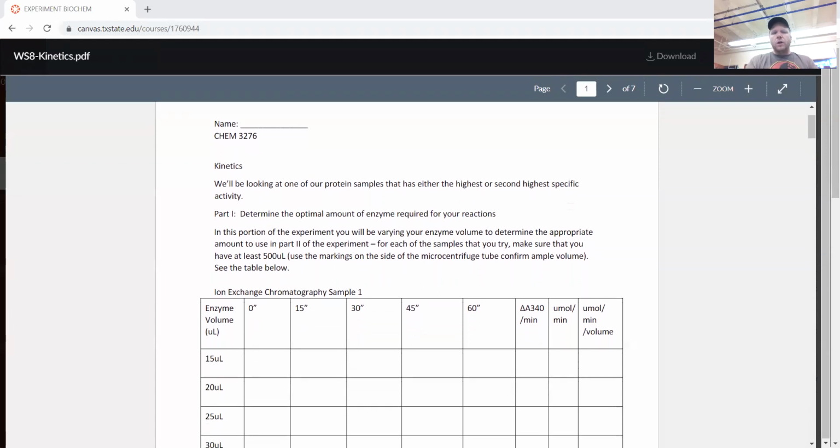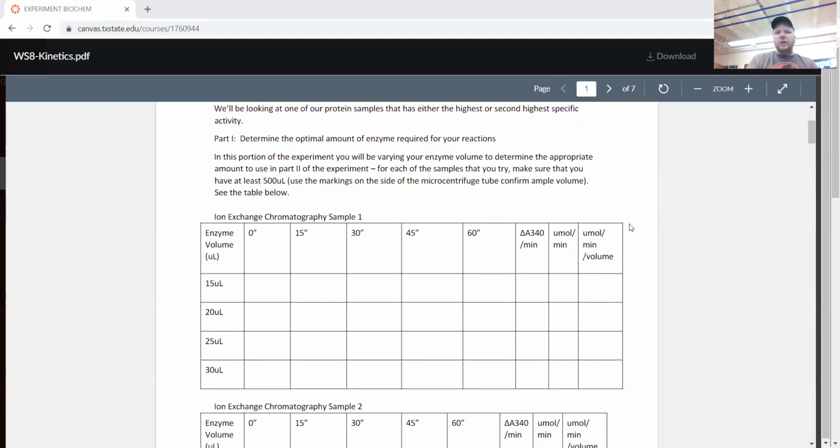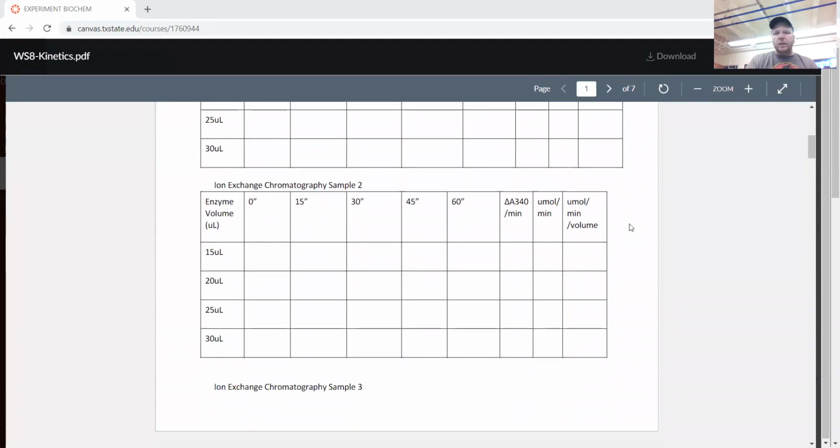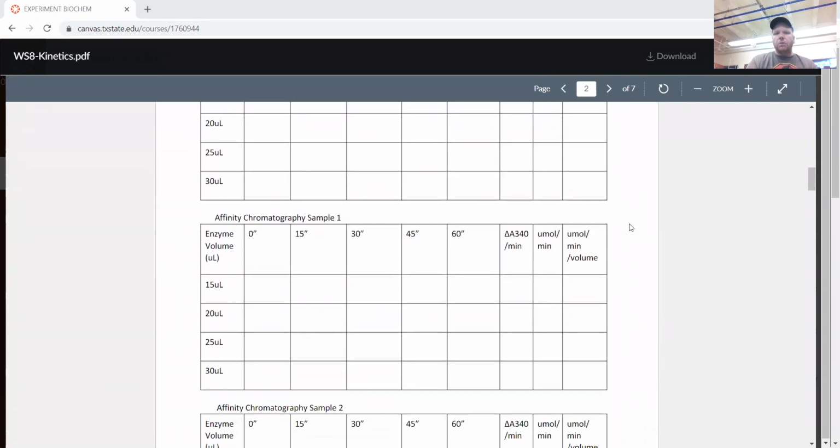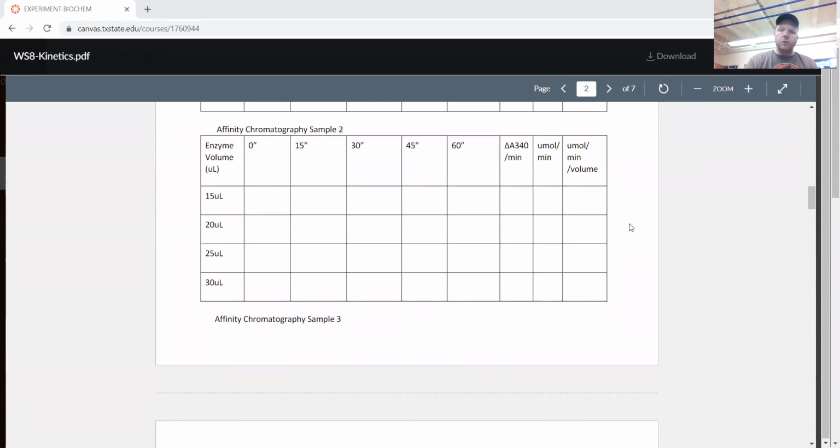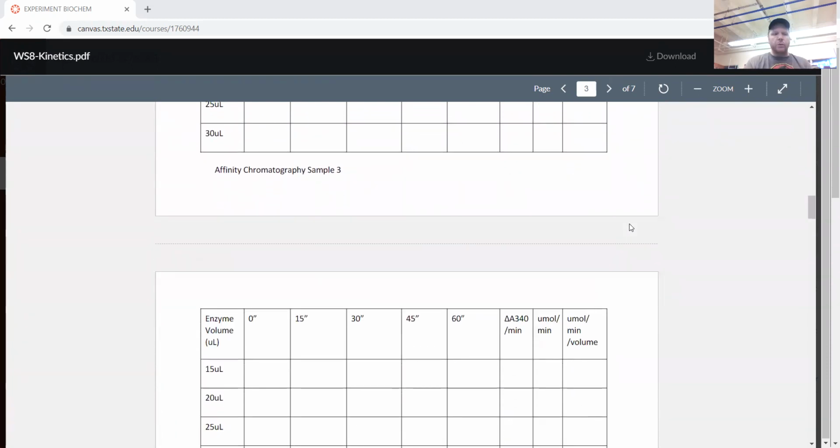If you look at your procedure in part 1, you'll see ion exchange chromatography sample 1, sample 2, sample 3, and affinity chromatography sample 1, sample 2, sample 3.